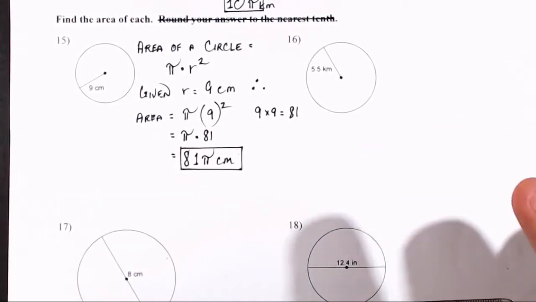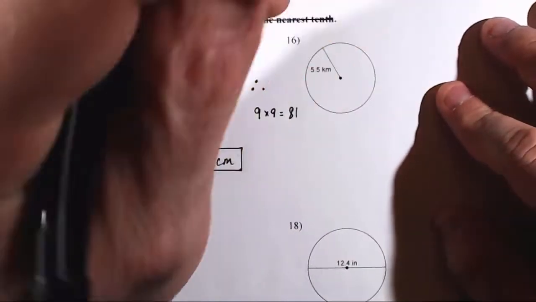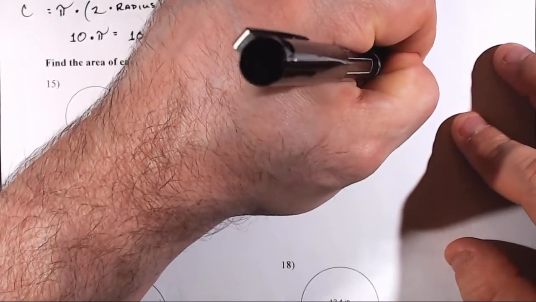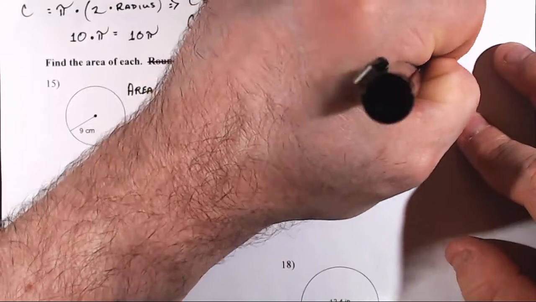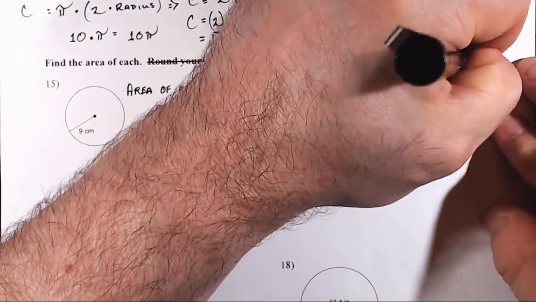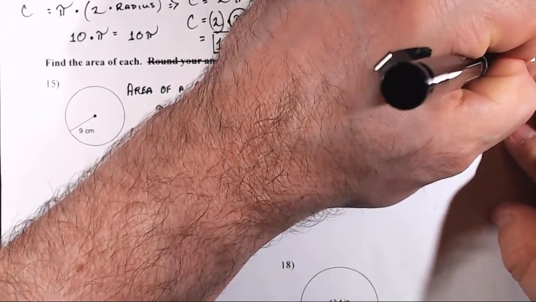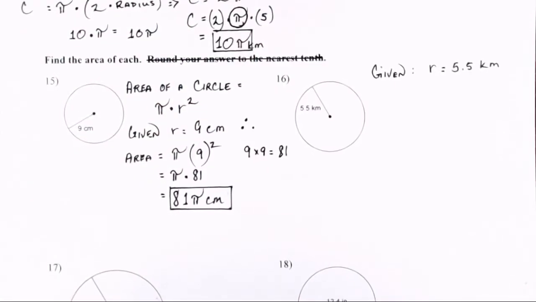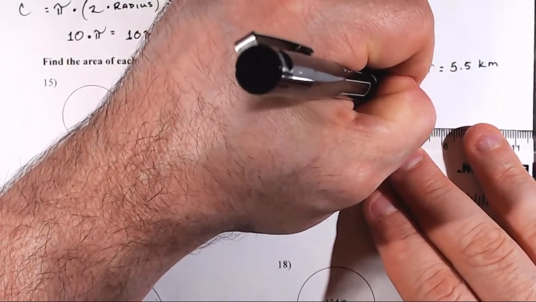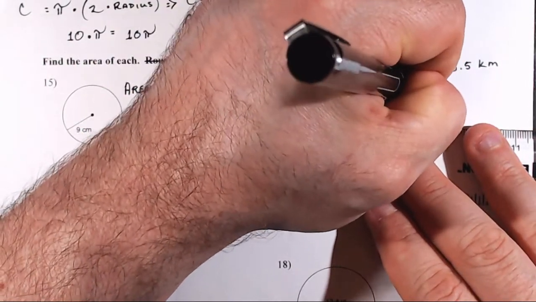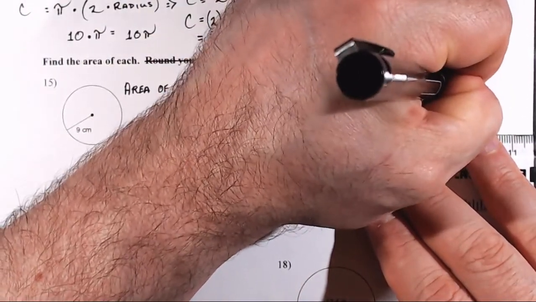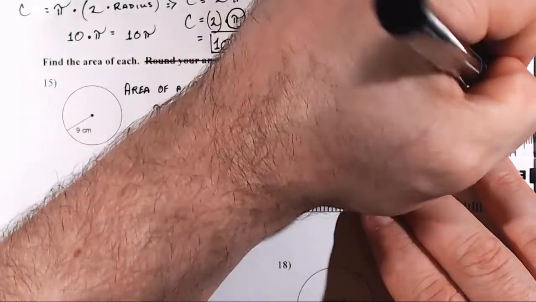Okay, on to number 16. This one's going to be a little interesting because it's a decimal. So again, number 16, what are we given? We are given that r equals 5.5 kilometers. Okay, that's what we're given. And what we want to know is the area. The area, okay, you always want to write this out. Area is equal to pi times the radius squared.